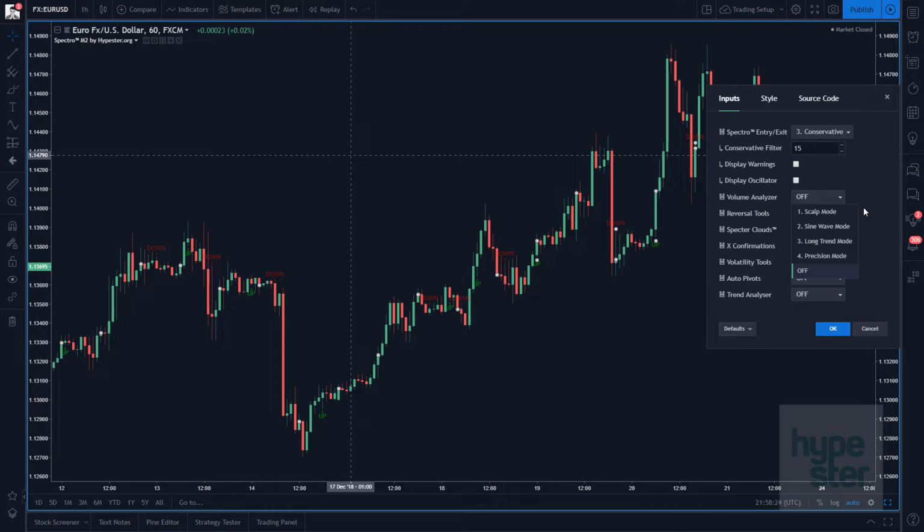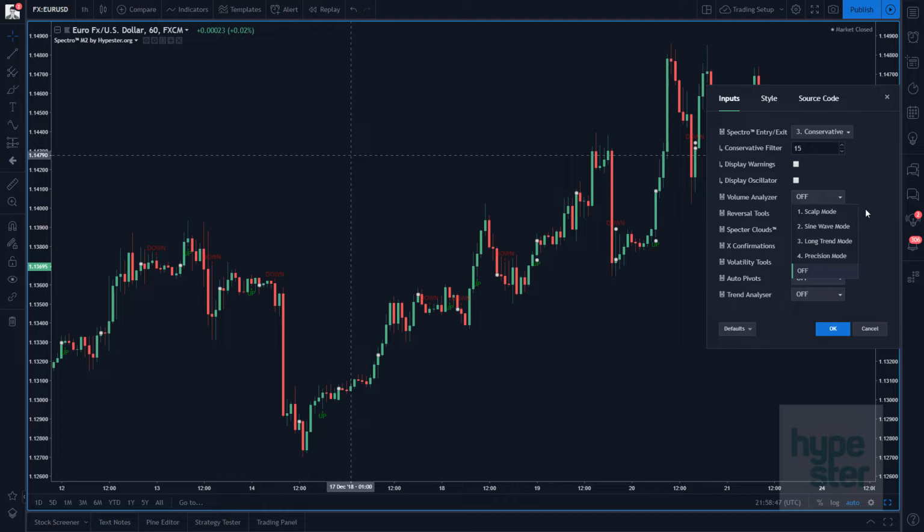All right, you don't need to know that, but they all come from the same statistical study that we applied in price that gives us a Spectro. So the volume analyzer is our model for volume. Okay, so I think it's pretty straightforward. Scalping, the scalp mode, I'm gonna go through one by one, but I'm gonna give you an overview first.